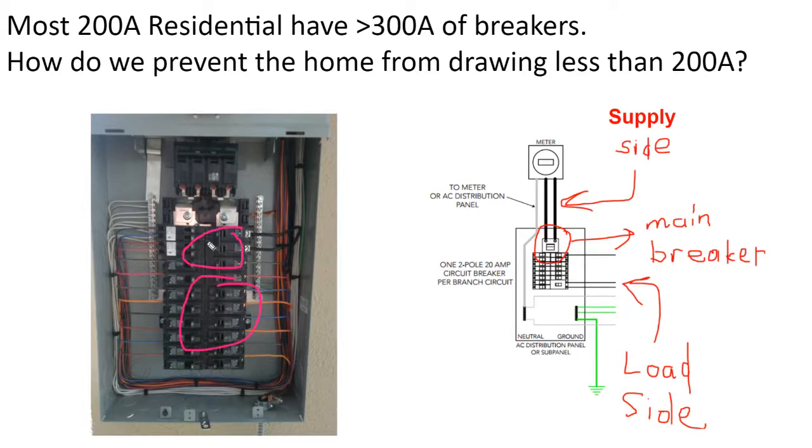If 300 amps of load were pulled through a 200 amp electric service panel, the panel would heat up and start a fire. The 200 amp main breaker is there to prevent that from happening, but now solar is also feeding the panel from the other side of the bus bar, and so the panel can potentially draw more than the 200 amps of power that it's rated for, which might be a fire hazard.